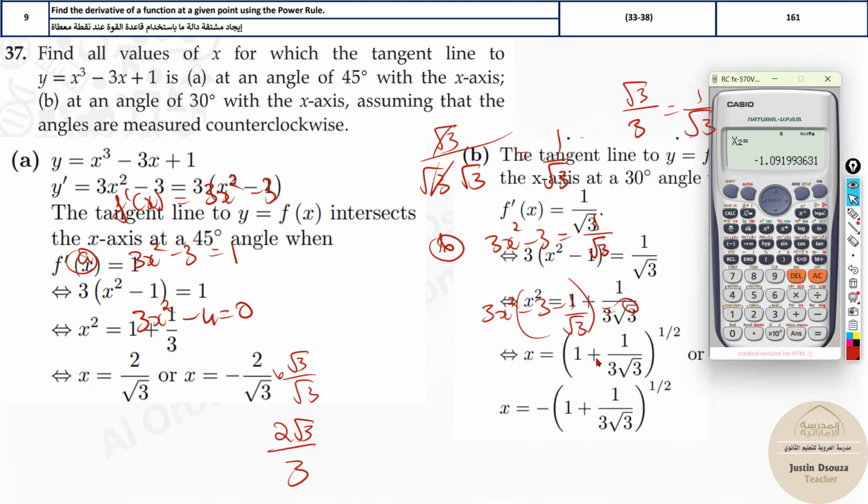Now over here, they have just written it directly, they have not even solved it. But over here I will just show you, if you solve this you will get the same answer. Let me do it. 1 plus 1 divided by 3 root 3, the whole power, half is 0.5.